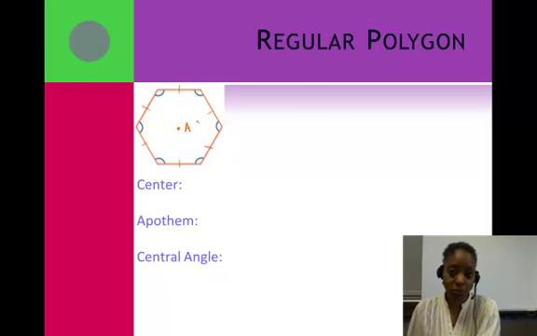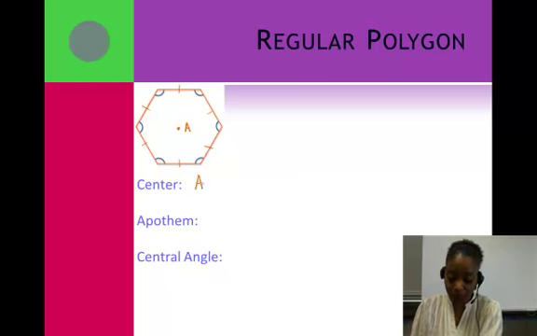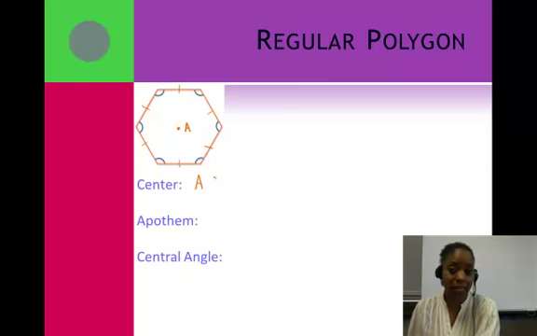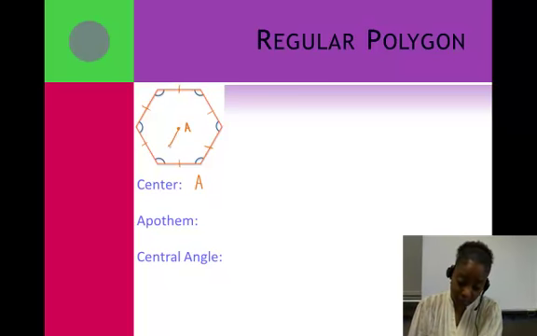I'm going to call that center point A. And then they also have a radius. The radius is from A to the vertex. So we could say that segment AB is a radius of the polygon.